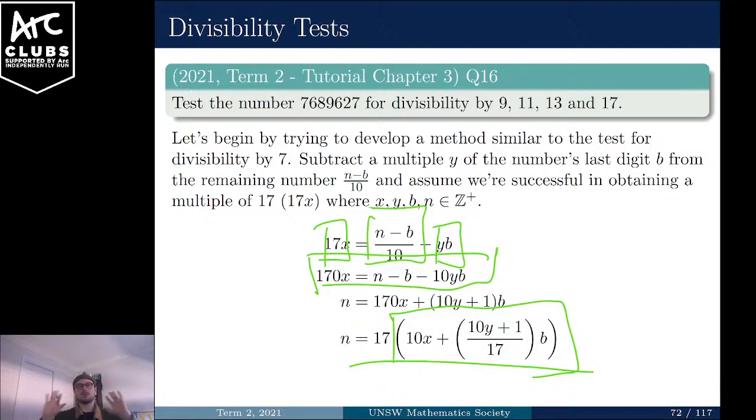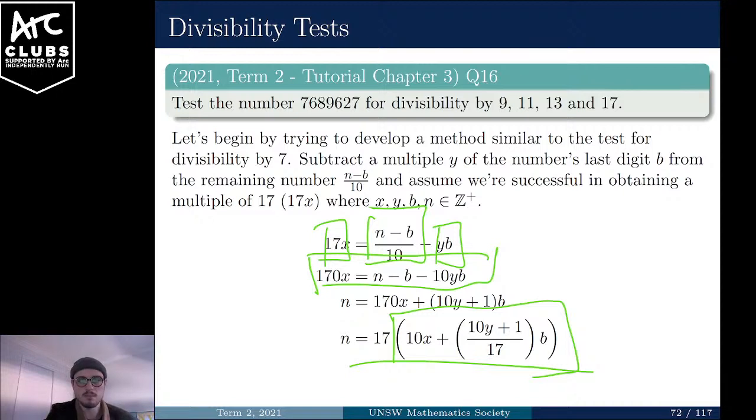If we take a step back for a second, what are we saying? We're going to take the last digit, take a multiple of y from it, work through it, and represent the original number as 17 times something. And because the original number is an integer, we need to make sure it's 17 times an integer, because that'll give us what we want.